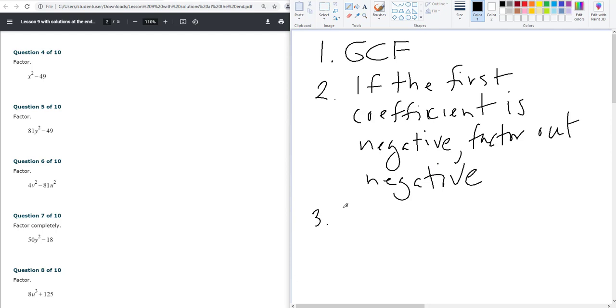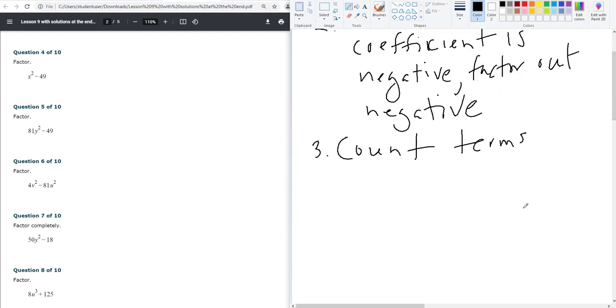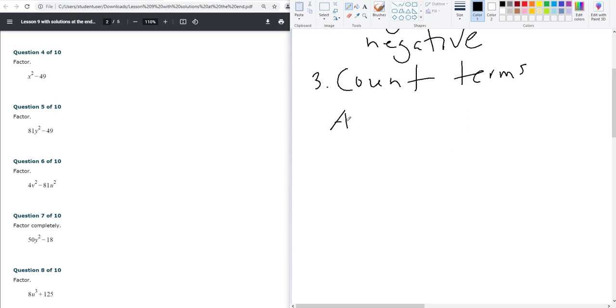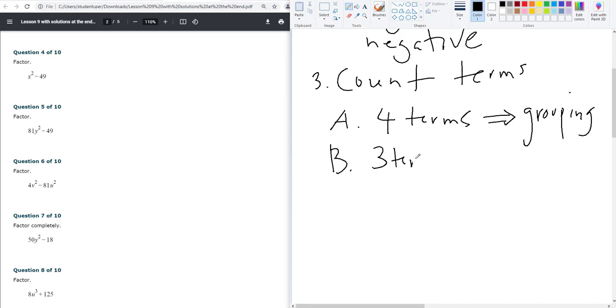Number three, we count our terms. And that brings us to the possibilities. A, 4 terms, we use the method called grouping. B, 3 terms, we use the method called AC.